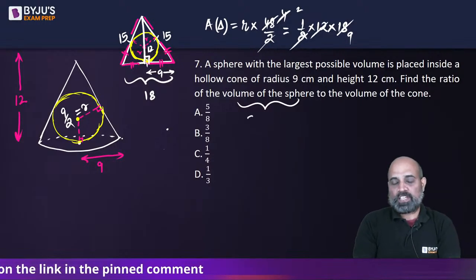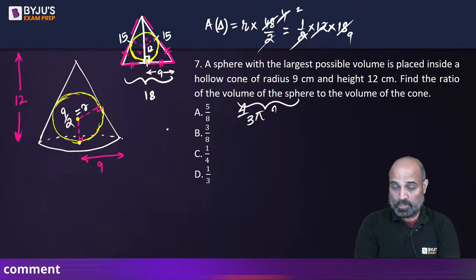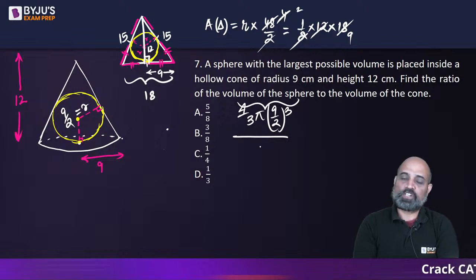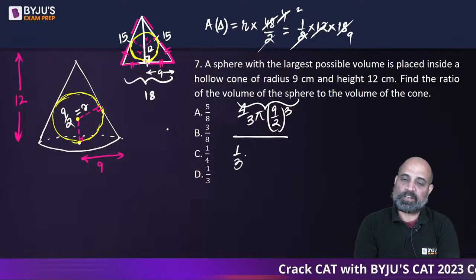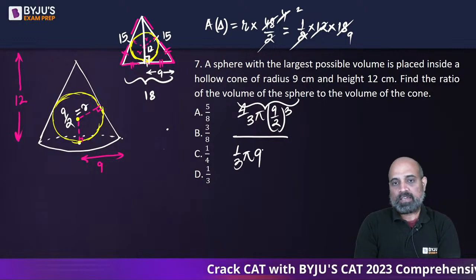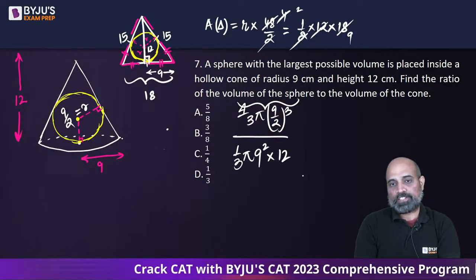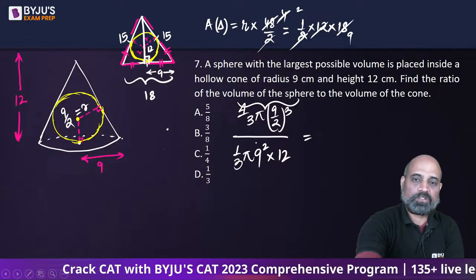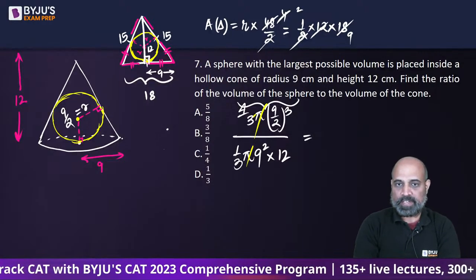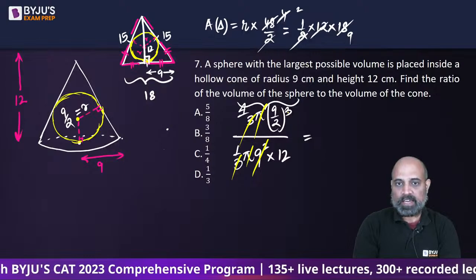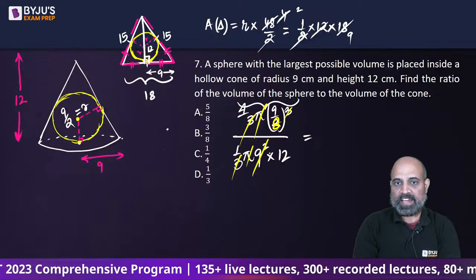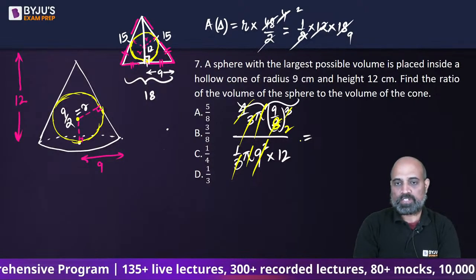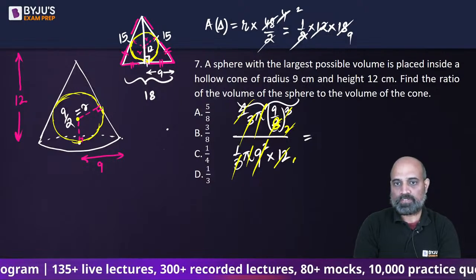So volume of the sphere is going to be 4 by 3 pi, though not required, but I'll still keep it, divided by volume of the cone. Volume of the cone is given as 1 by 3 pi r square h. So pi goes away, 3 goes away, 9 square goes away. We have an 8 here. So 4 goes away. So 2 goes away.